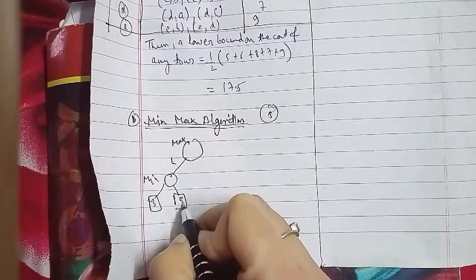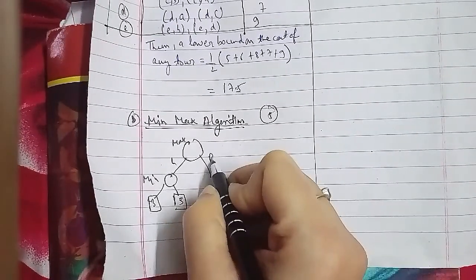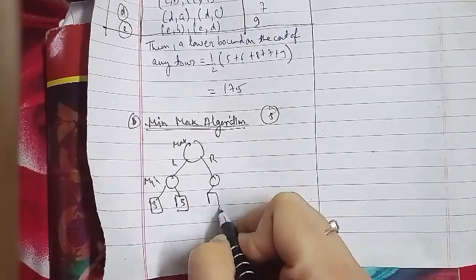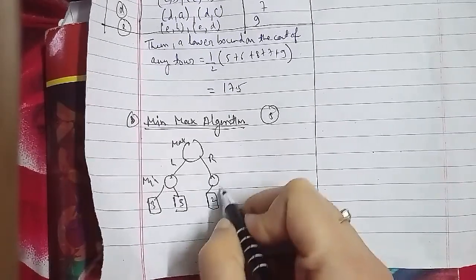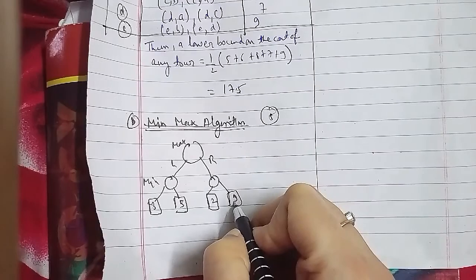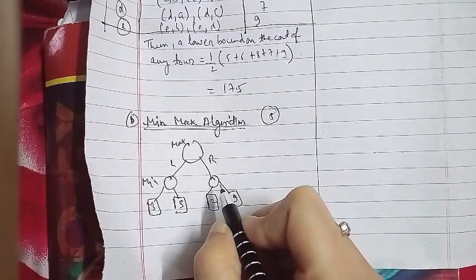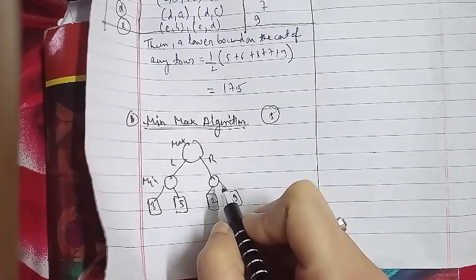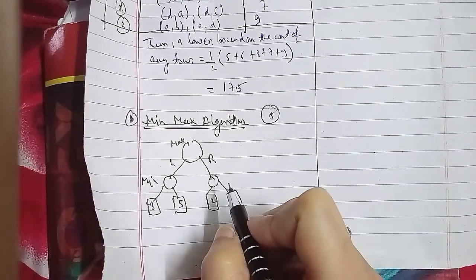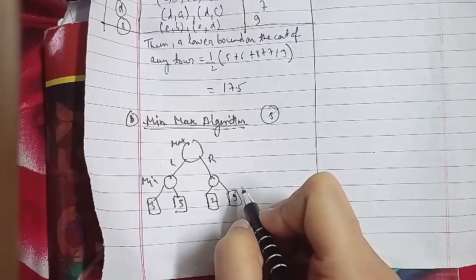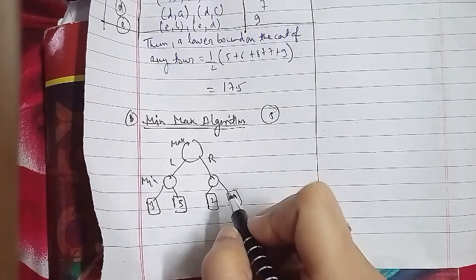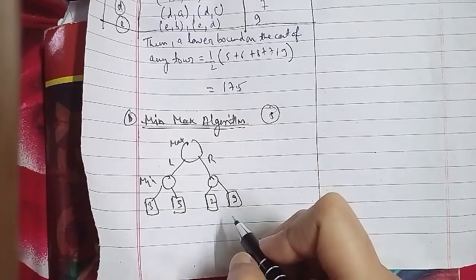Being the minimizer, it will definitely choose the least among both, that is 3 here. And with this, the maximizer goes right, and it knows that it is the minimizer's turn, and the minimizer has the choice of 2 and 9, and he will choose 2, the least of the 2 values. So being the maximizer, he will choose the larger value, that is 3, and that is the optimal value for the maximizer to go to the left, and the optimal value is 3 here.